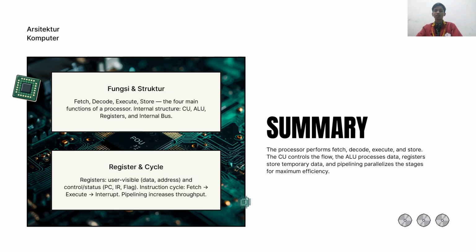Third, registers are divided into user-visible and control and status types, with the PC and IR being the most important. Fourth, the instruction cycle repeats between fetch and execute, with an optional interrupt cycle. Fifth, pipelining improves throughput by parallelizing execution stages.